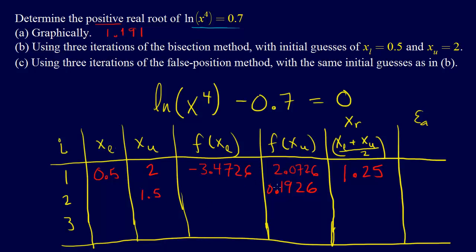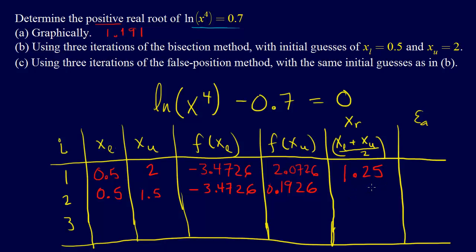The reason I knew it is because we still have to bracket the root. If this were negative, I would have put it over here, and our upper limit would have stayed the same, minus 3.4726.